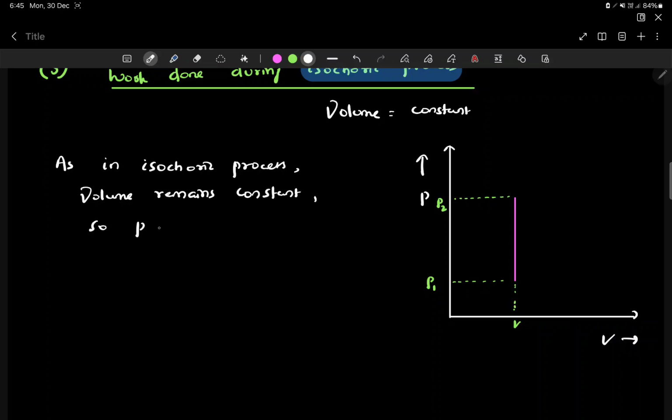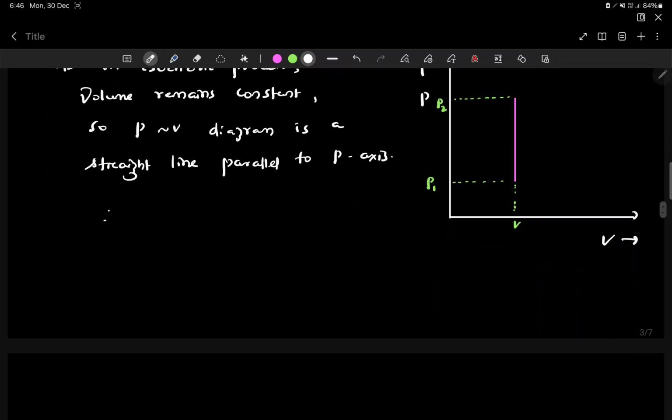So the corresponding PV diagram is a straight line parallel to the pressure axis, or y axis. So volume is constant. Here it is a very simple theory.